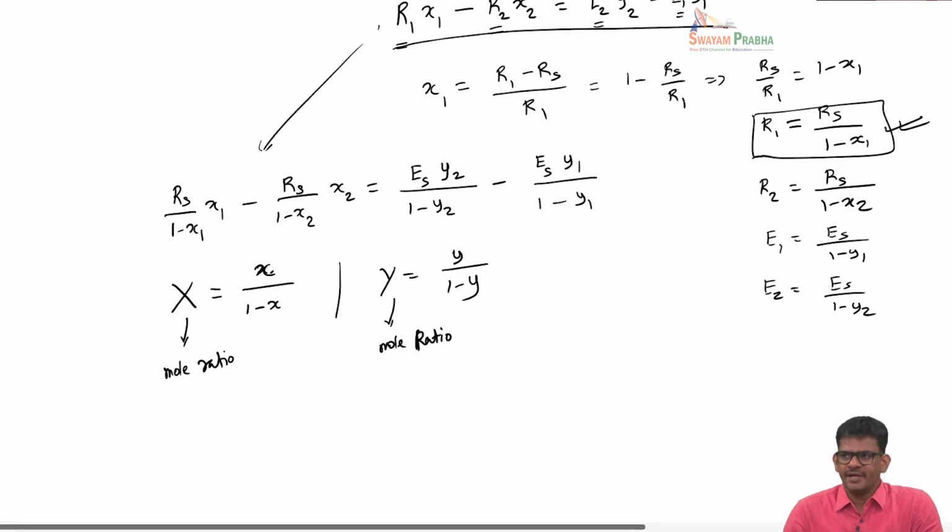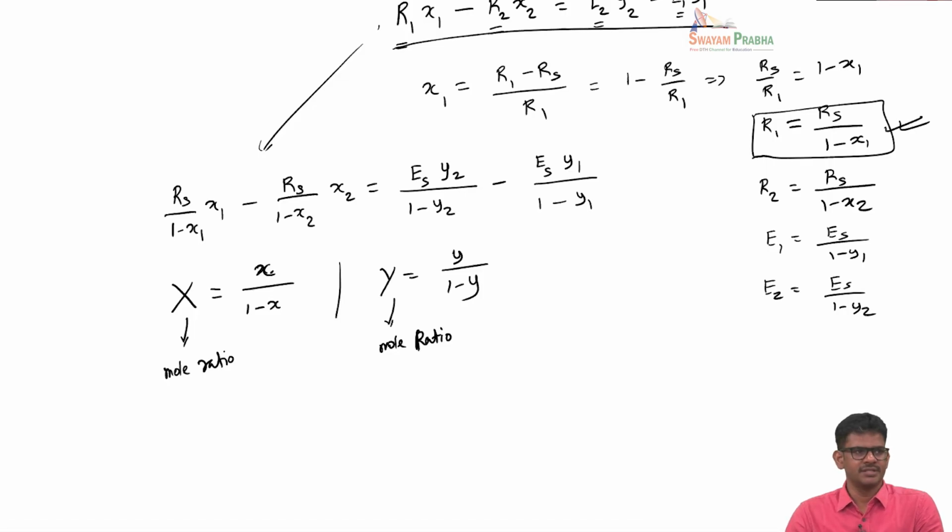So we are basically defining a quantity which is called mole ratio, and we are going to replace the mole fraction with respect to mole ratio. And even though we change this, we can also change the two units interchangeably. Given small x, you can convert into capital X, or given capital X, you can convert to small x by this simple relation. Okay, so small x is mole fraction, capital X is mole ratio, and similarly for small y and capital Y.